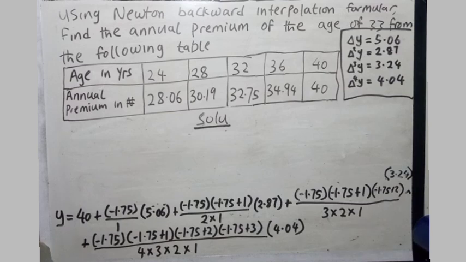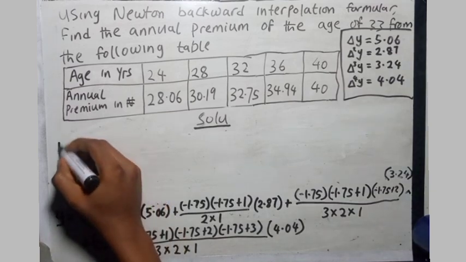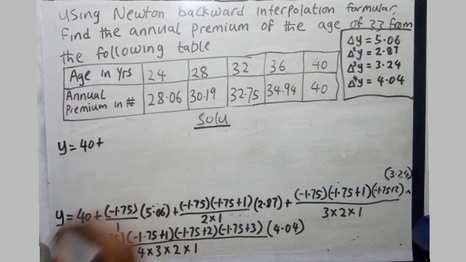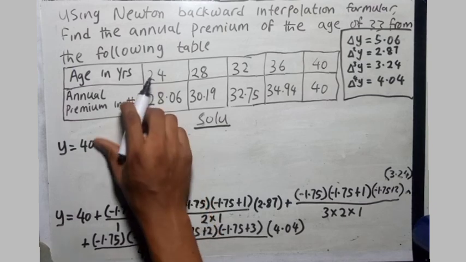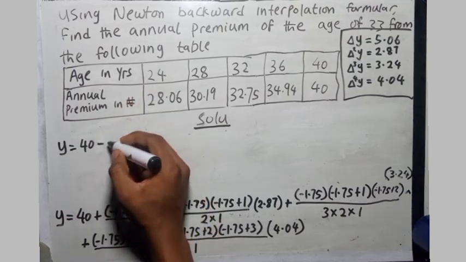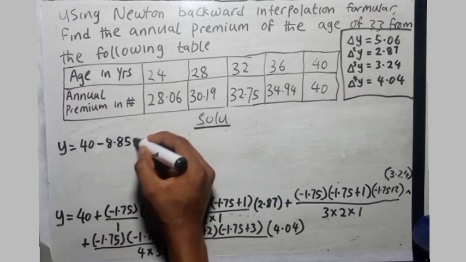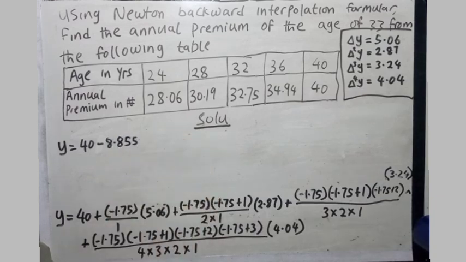And when we are done with that, when we'll be solving that, we'll be having 40 plus this will give us minus 8.855, and we add it to our next value, which is this.